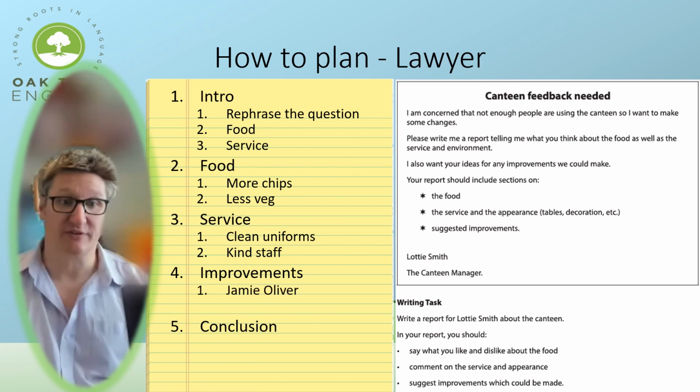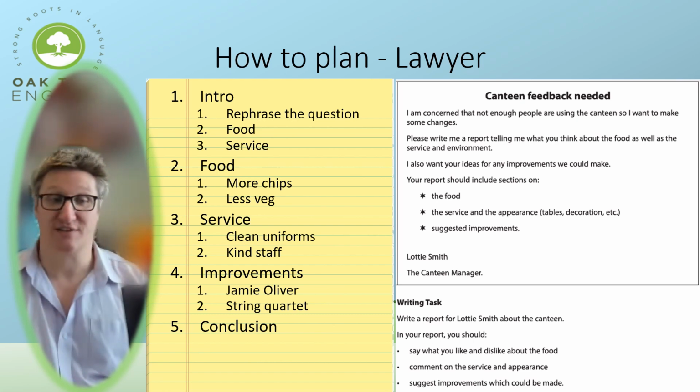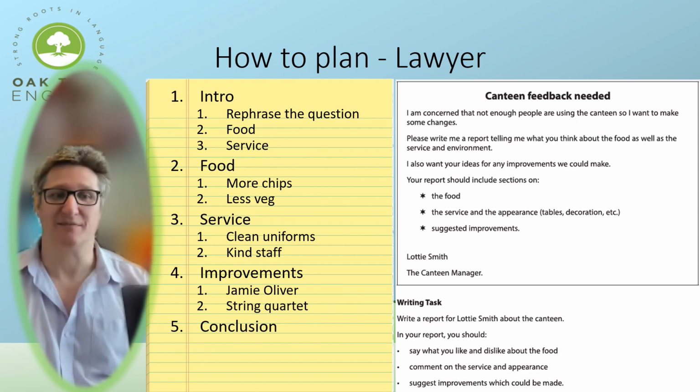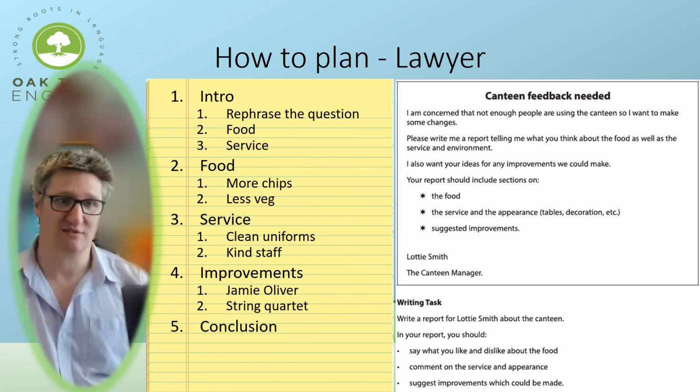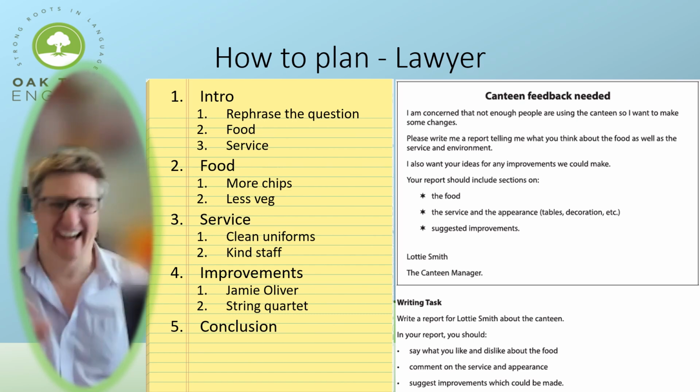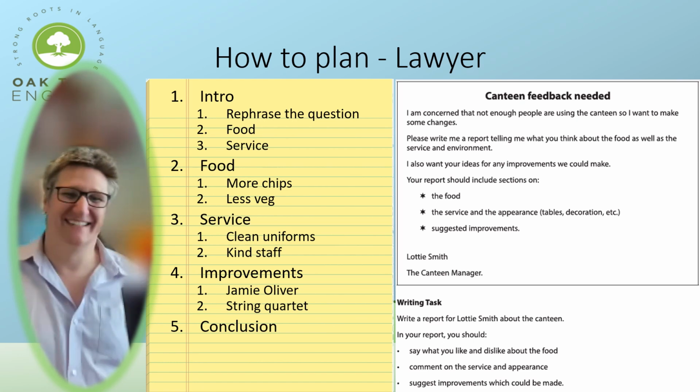For improvements, you might suggest hiring Jamie Oliver, who likes cooking in canteens, I think. Or you might just suggest having a string quartet playing some Vivaldi in the corner. That's just a suggestion. That's what they have at the Four Seasons. String quartet, Vivaldi.